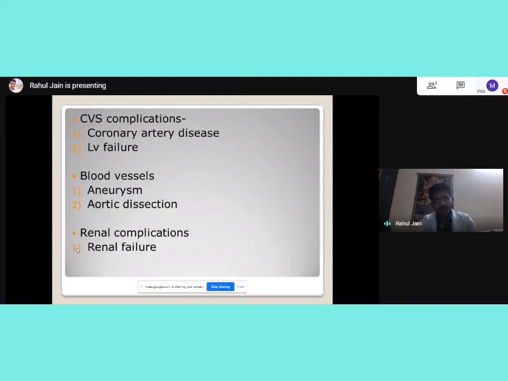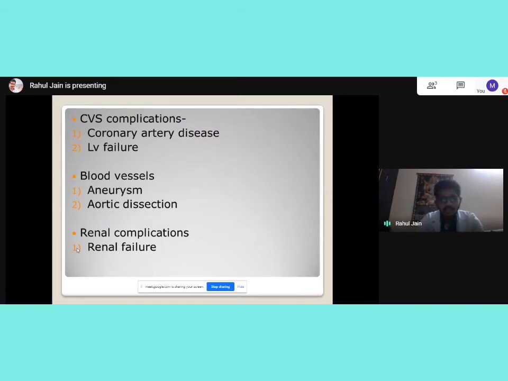Just for knowledge purposes. Then in cardiovascular complications, there is coronary artery disease and left ventricular failure. The left side of the heart is working against the high blood pressure, and that's why it will get decompensated and lead to left ventricular failure.